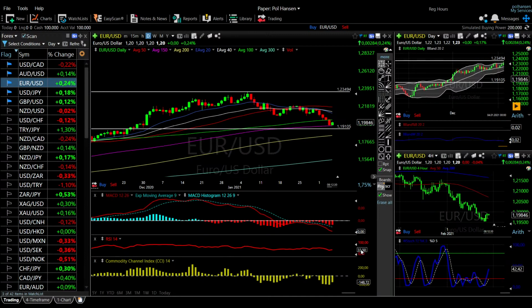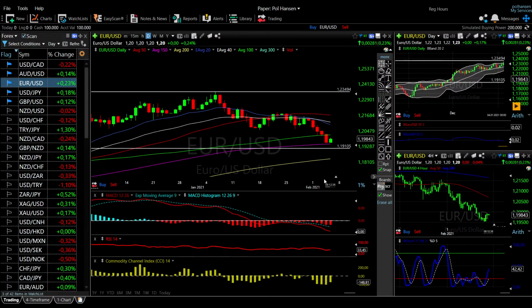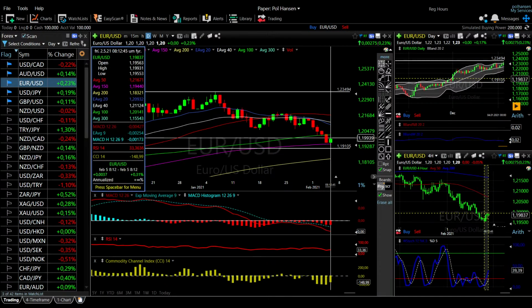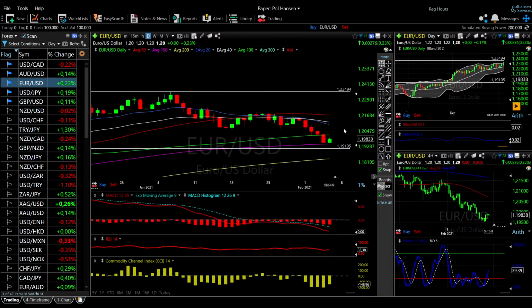It was at 30 when I entered this, or where we basically hit the bottom here yesterday. And since then, we have been rallying, and we were up 0.24%. We were up roughly 37 pips from this morning. So it is starting to rally.